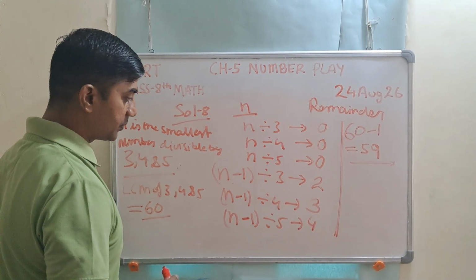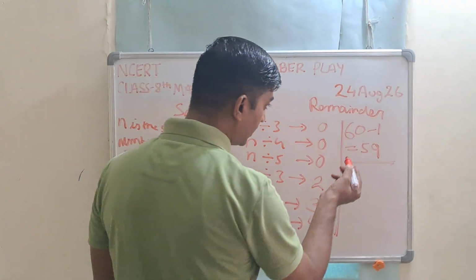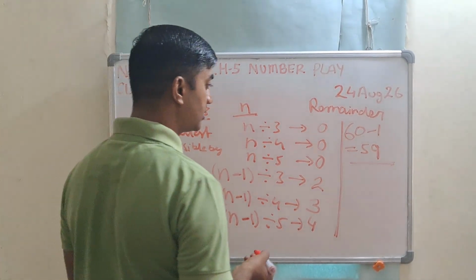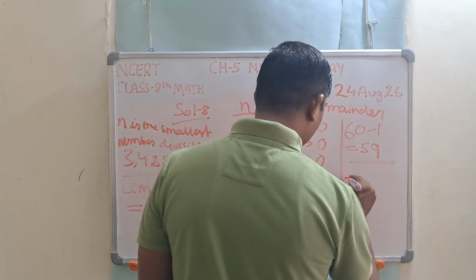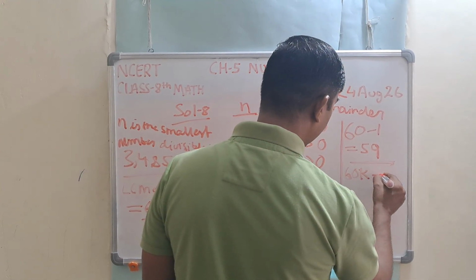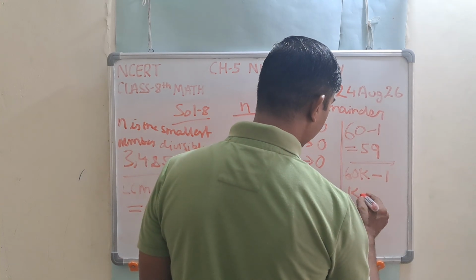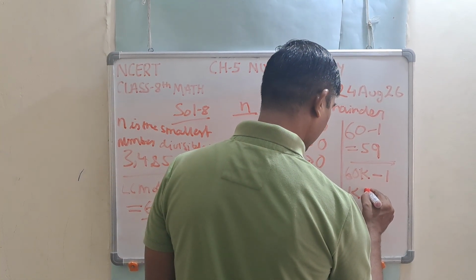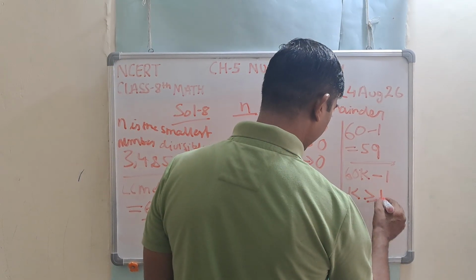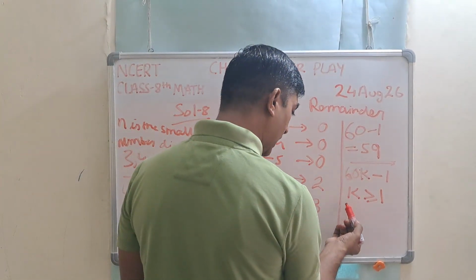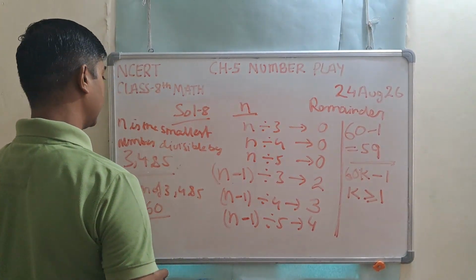And what is the general expression for that? We need a multiple of 60 and we have to subtract 1. Means 60k minus 1, where k is equal to or greater than 1. Understood? Now if you put any value of k, you will get the result.